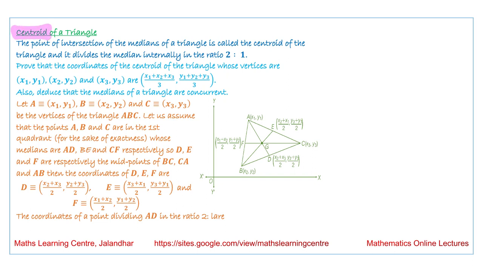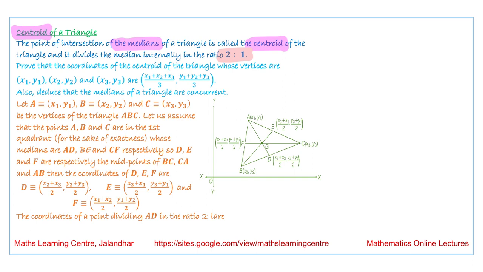We are saying the point of intersection of the medians of a triangle is called the centroid of the triangle, and it divides the median internally in the ratio 2:1.